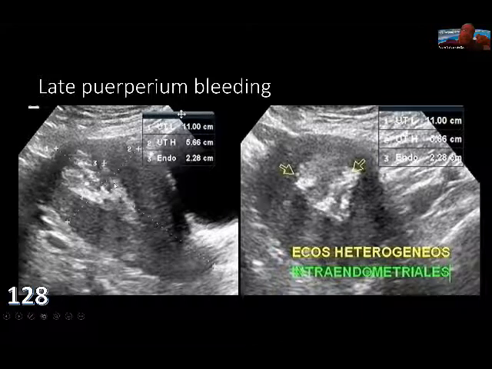This is very heterogeneous. This is like 2 weeks after birth with an enlarged uterus, abnormal or more than usual bleeding. And she needs uterine cleanup.